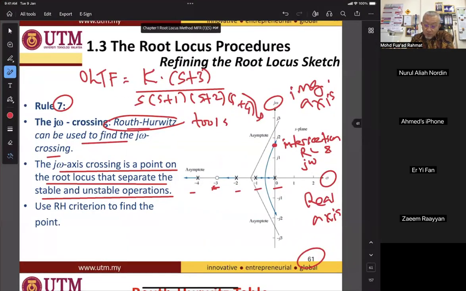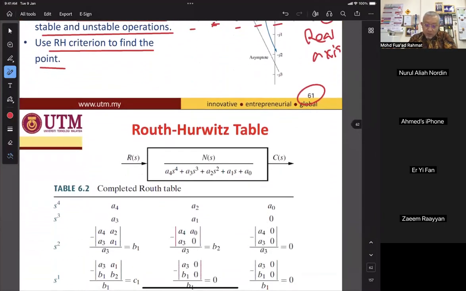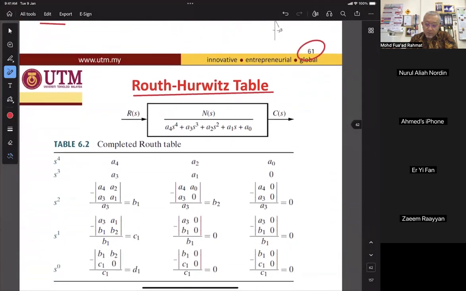Therefore, we use the Routh criterion to find the intersections between the root locus and the imaginary axis. If you don't remember the Routh table concept from last semester, I revisit it again.